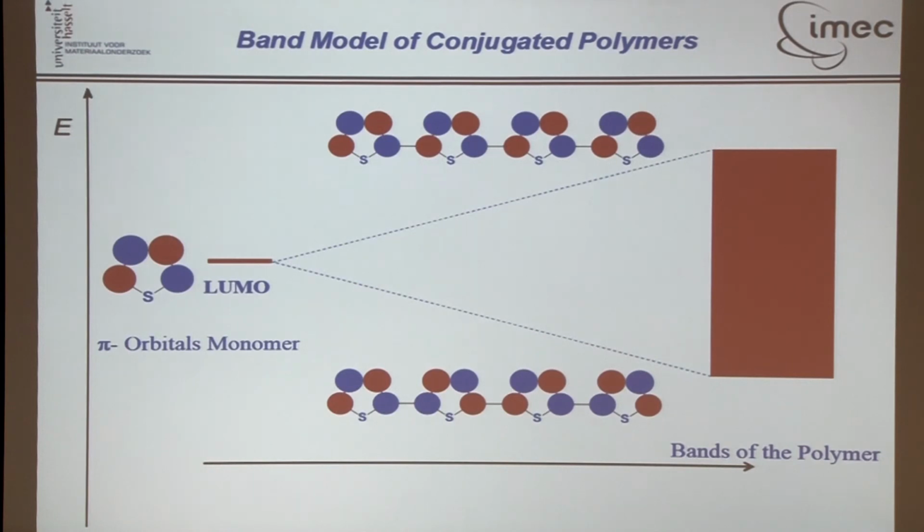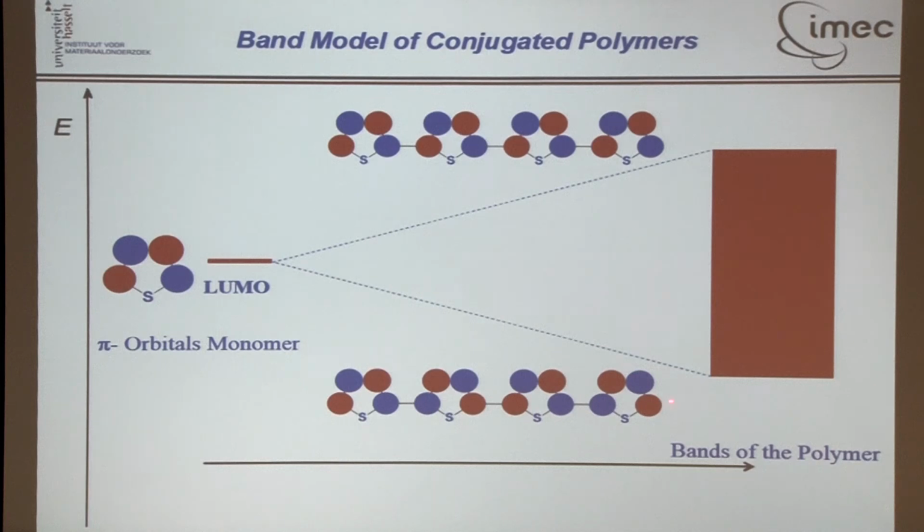You can easily look into that in more detail. So this is the total continuum because you have an infinite number of repeating units. You have an infinite number of energy levels. All these energy levels are in one way a combination of the LUMO, in this case, because it is for the valence band, of thiophene. And here you look at the bottom, the lowest energy.